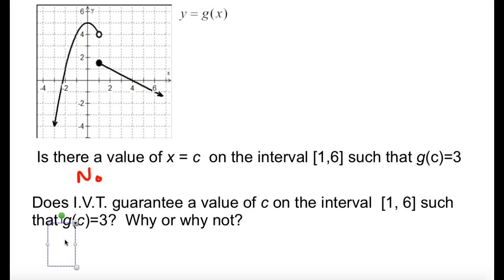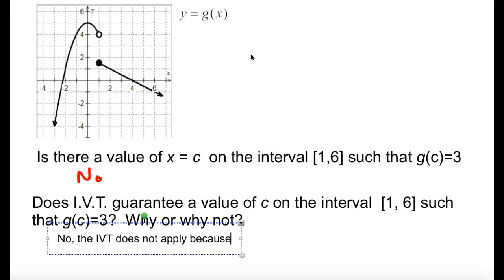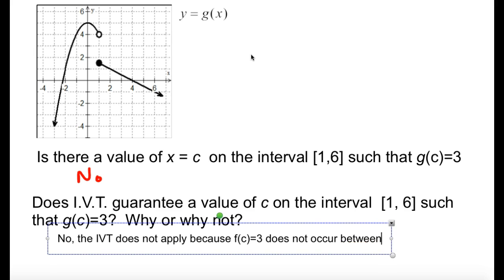We can say, no, the IVT does not apply because we can write it like this: f of c equals 3 does not occur between f of 1 and f of 6.